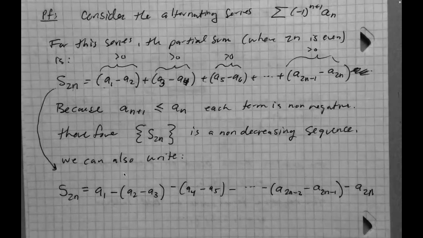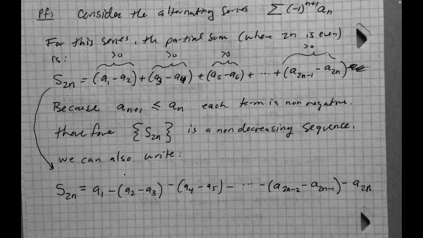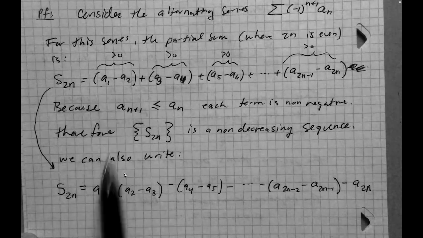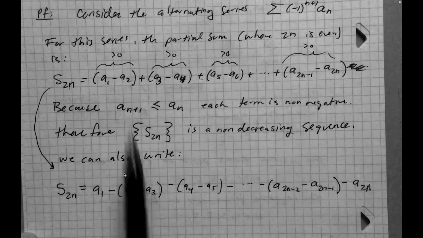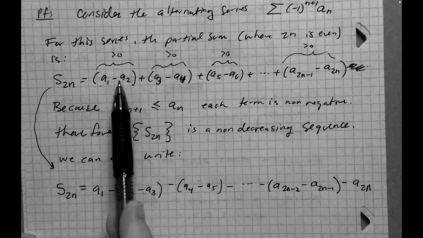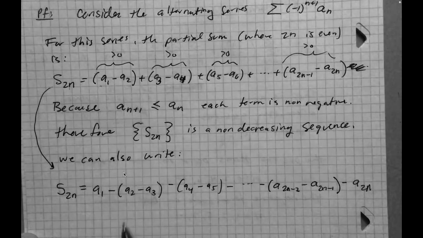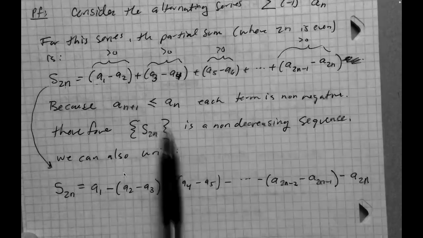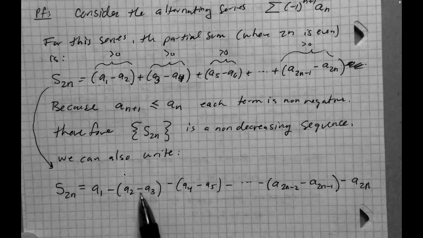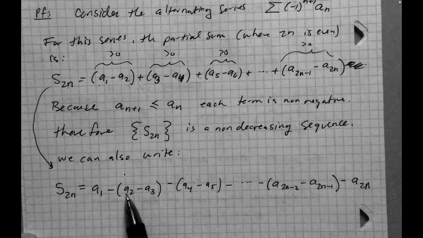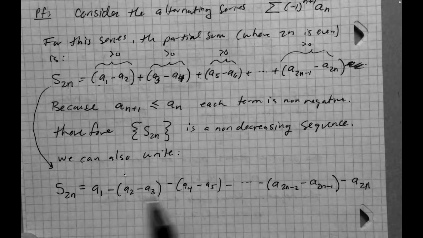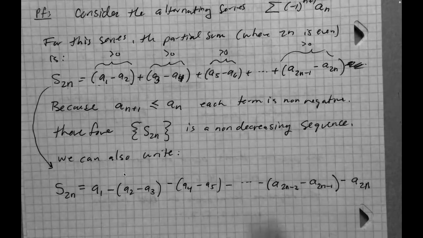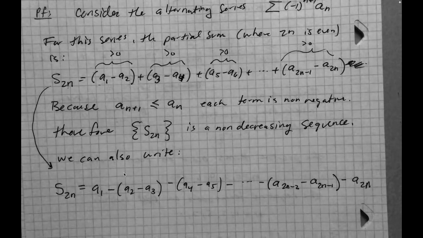Take a moment and look at this and make sure you can see exactly how this is done. The a1 is positive, so it's just sitting there. Now, a2 is technically minus a2, so we factor the minus out and you get a positive a2. Now a3 is positive, so we factor out a negative and it becomes minus a3, and we do this on and so forth, all the way down the line.